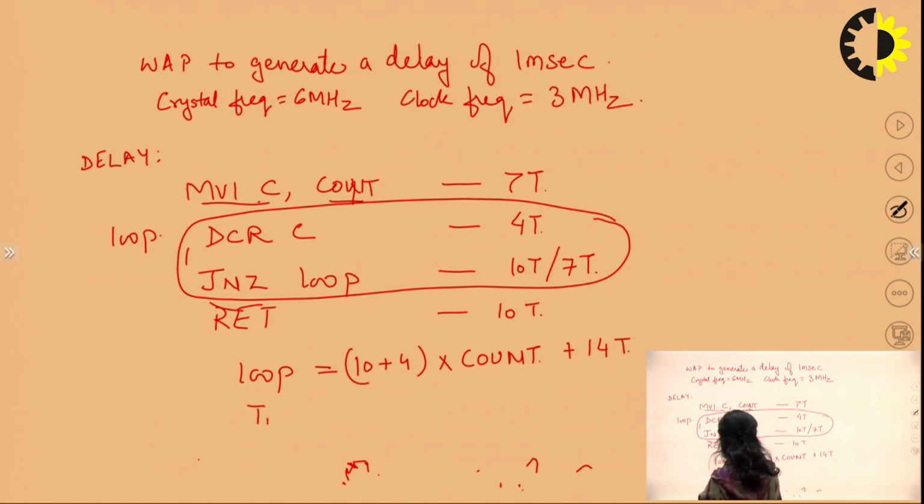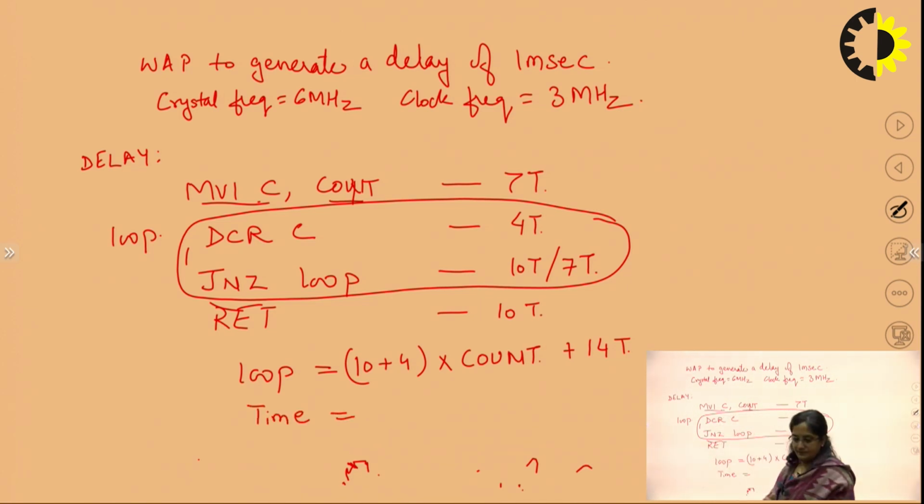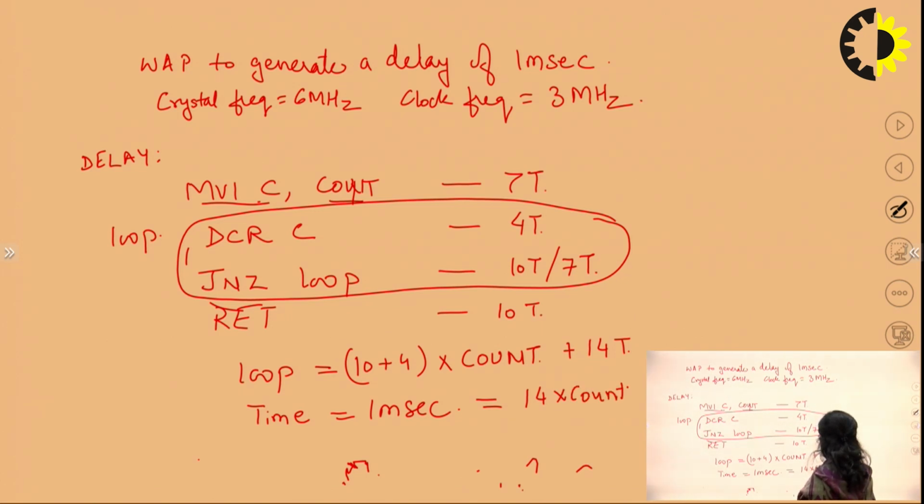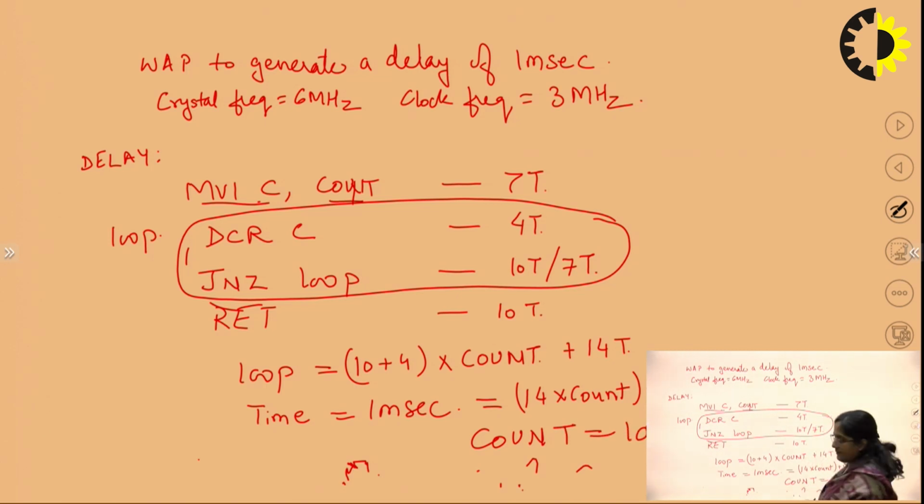So the time is 1 millisecond. So we will have this equal to 14 into count plus 14 T, and from here, with 1 by 3, we will have the count value equal to 1000.